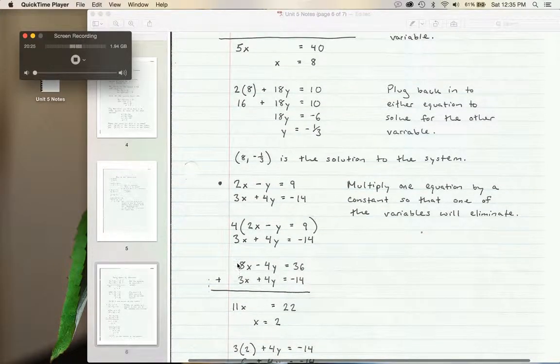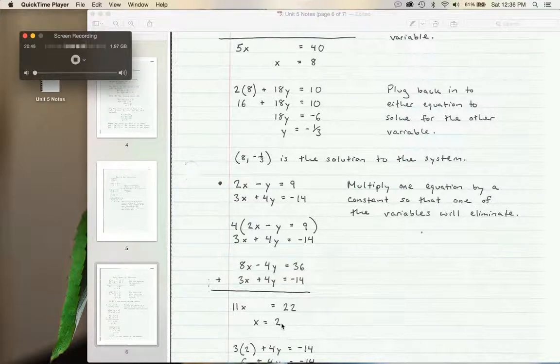So if I add this equation to this one, 8x plus 3x is 11x, negative 4y plus 4y is 0, and 36 minus 14 is 22. 11x is equal to 22. I can solve for x by dividing both sides by 11, and I find that x is equal to 2.